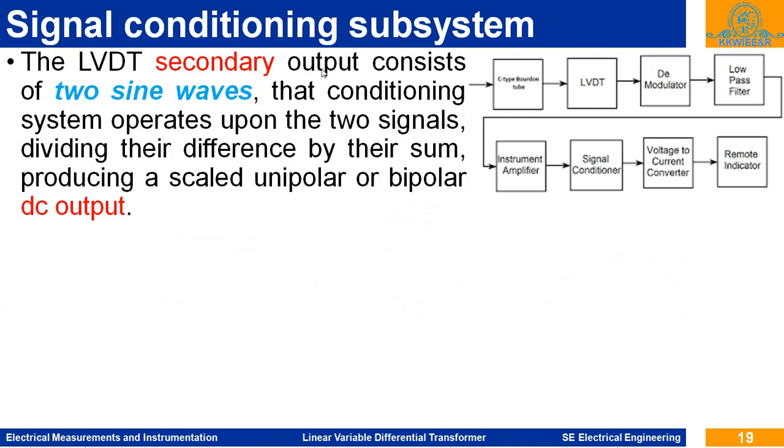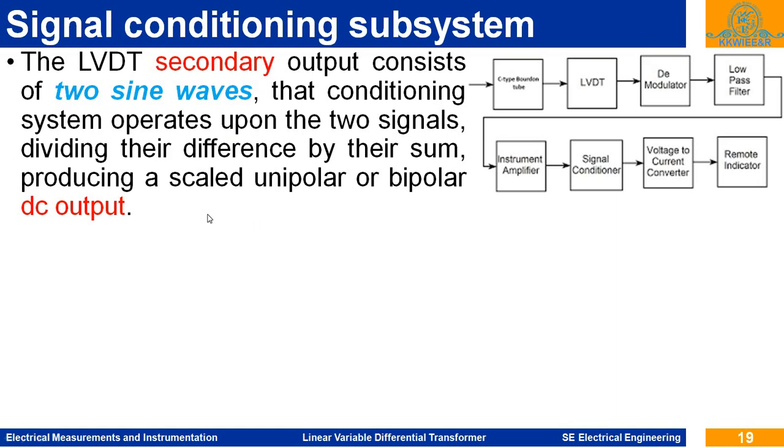The LVDT secondary output consists of two sine wave AC signals, positive and negative. The conditioning system operates upon the two signals, dividing their difference by their sum, producing a scaled unipolar or bipolar DC output.